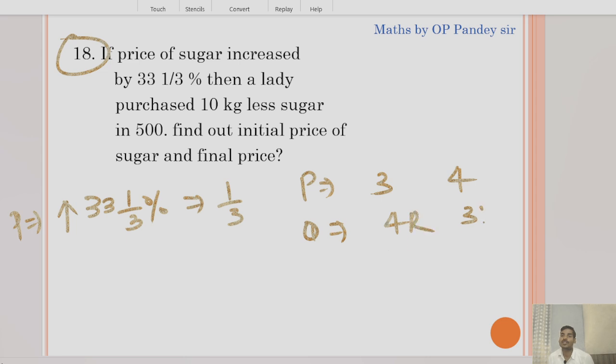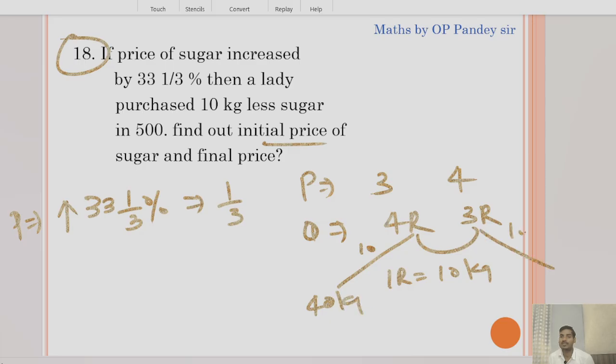So reduced quantity is how much? 1 ratio, and 1 ratio is 10 kilogram. So what is the initial price of sugar and final price of sugar? Multiply by 10, this is 40 kilogram. Multiply by 10, this is 30 kilogram. Is it clear now?